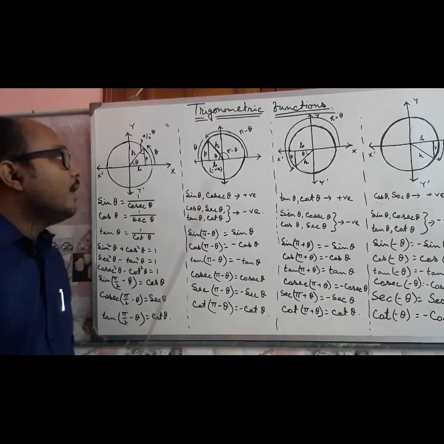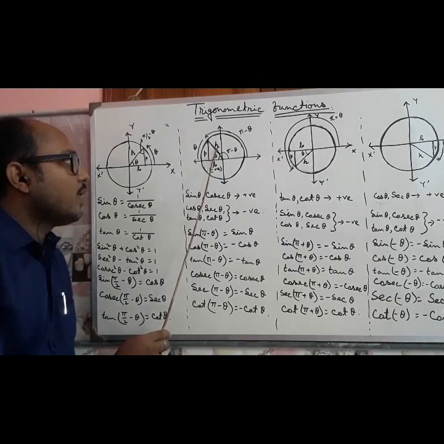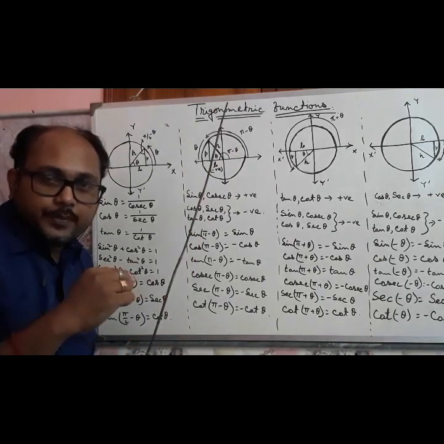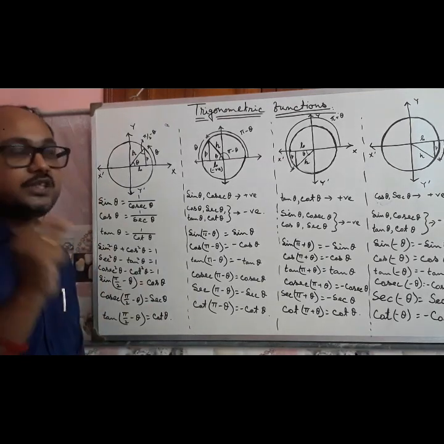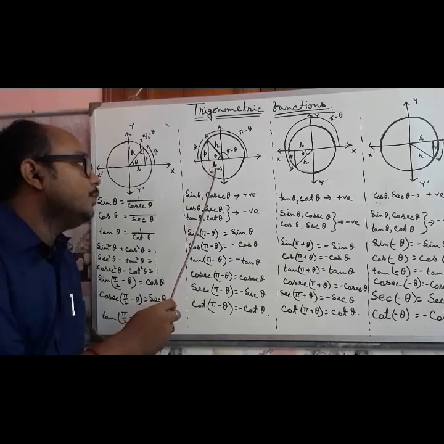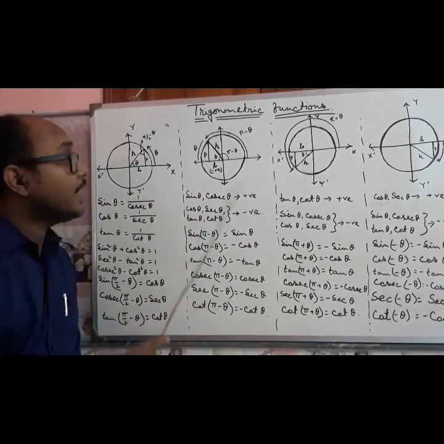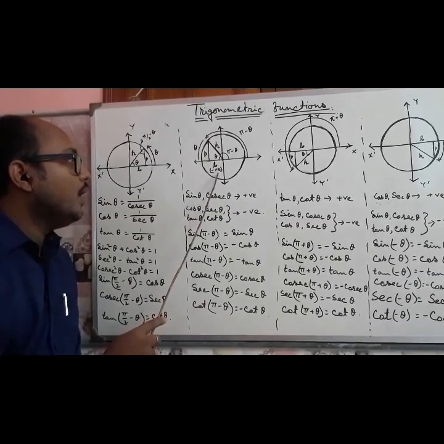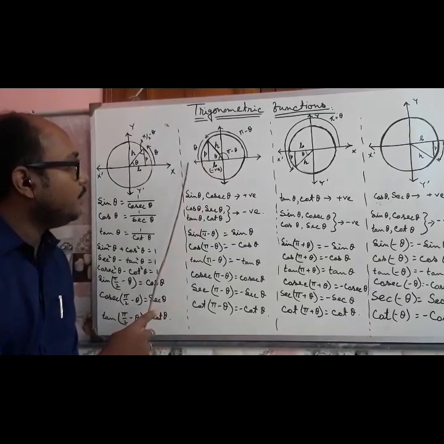That means the ratio of perpendicular and hypotenuse will be positive, and the ratio of base and perpendicular or base and hypotenuse will be negative, as base is measured here negative, as it is in the negative direction of x axis.